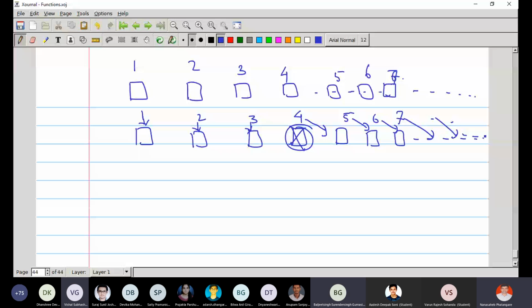So, sir, we can remove any finite number of chairs and we'll still be okay. Yes, this is the general statement. What is the general statement?